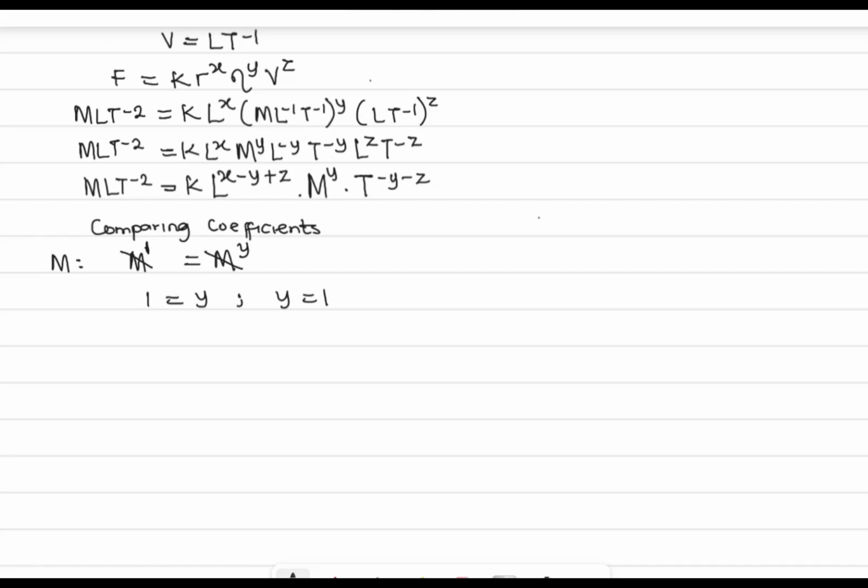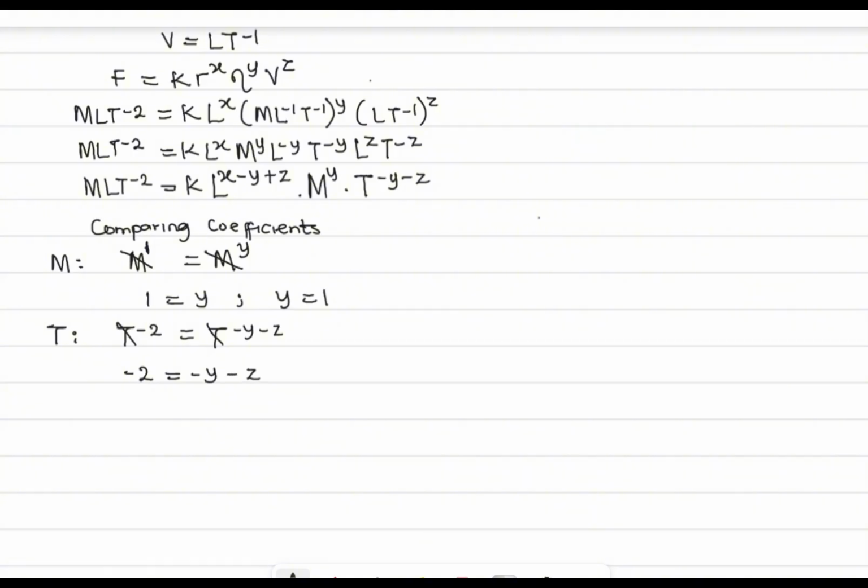Now, which one should we compare? Well, I'm going to compare T next. On the left hand side, the power of T is minus 2, while on the right hand side, the power of T is minus y minus z. Now I'm comparing T because I see that T has y and z, and already we've gotten y. So this will give us minus 2 being equal to minus y minus z.